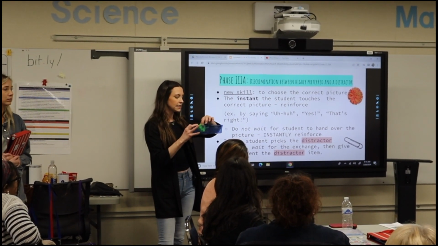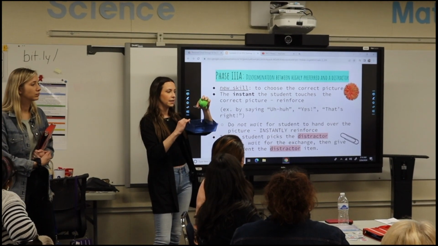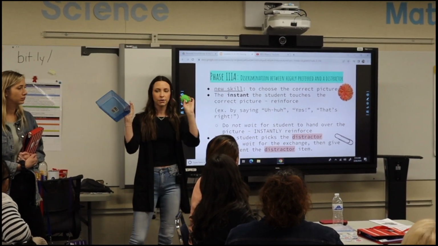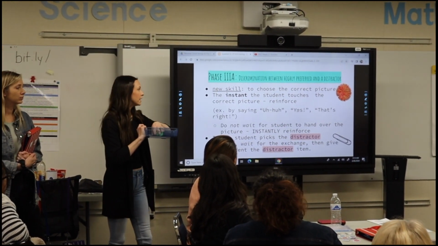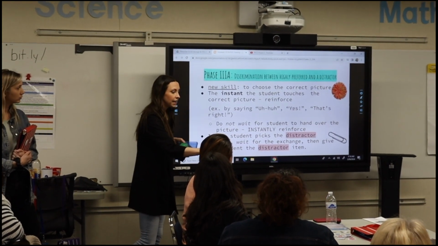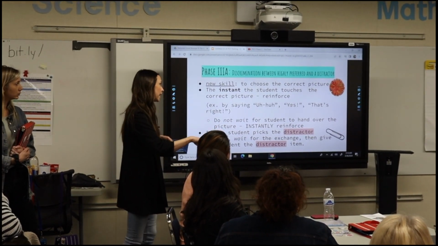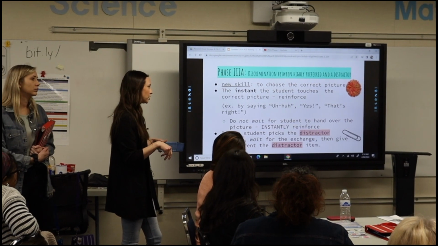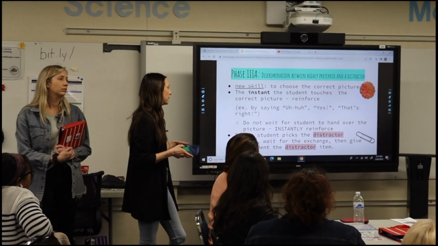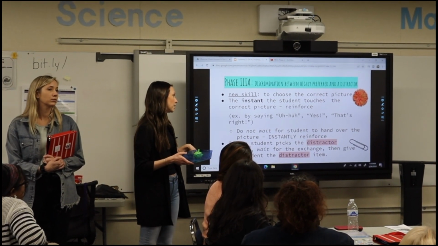So we're going to entice. Here's the paper clip and the squish ball. We're enticing. The second they reach for the icons, we do not want to wait for the student to hand over the picture. We're going to instantly reinforce. So if the student picks a distractor, we're going to wait.